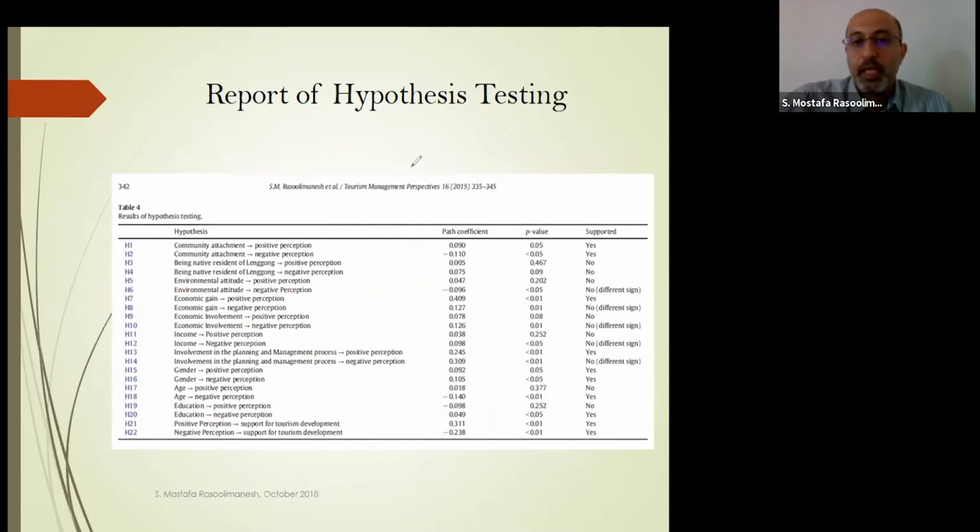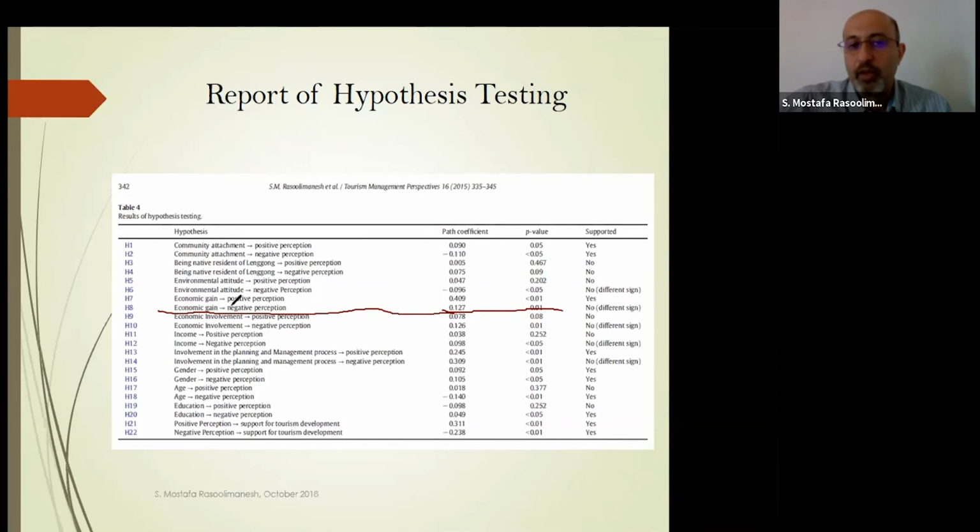This is an example from one of my papers for assessment of a structural model. Here you can see, for this relationship, the effect of economic gain on negative perception. I hypothesize this relationship as a negative relationship because based on literature and theory, we thought economic gain should have negative effects on negative perception, right?